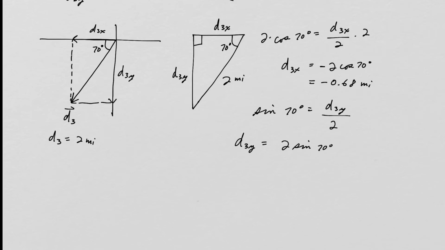But again, since it's pointing downwards, the y component is negative. So I have to attach that sign later. So this is going to be negative, if you work this out, 1.88. Make sure your calculator is in degrees, not radians for this part, because all of our angles are in degrees. Okay.